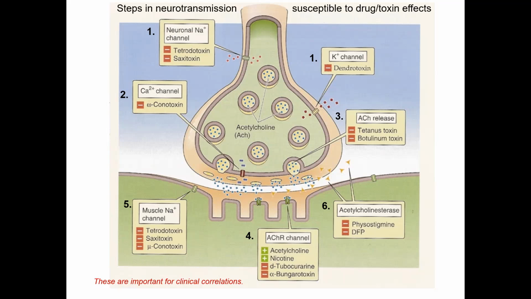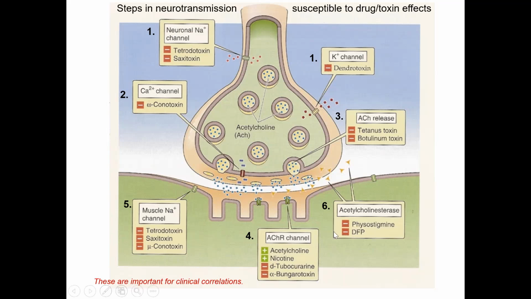You cannot produce more action potentials, and therefore the muscle cannot contract. So this permanent depolarization also blocks neuromuscular signal transmission, because it doesn't allow a new action potential to be produced.